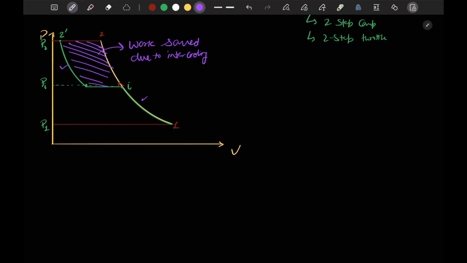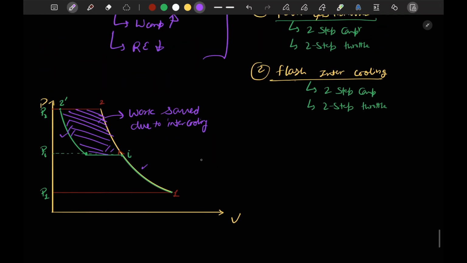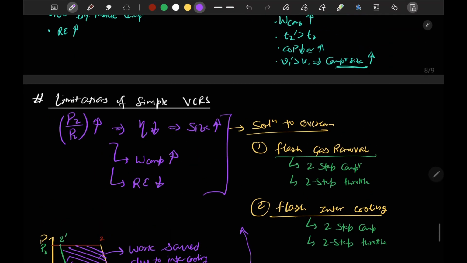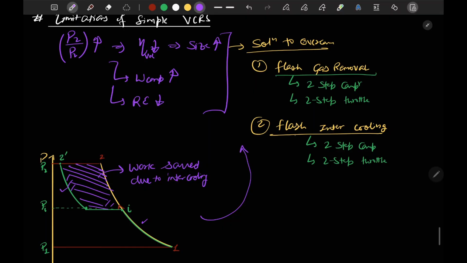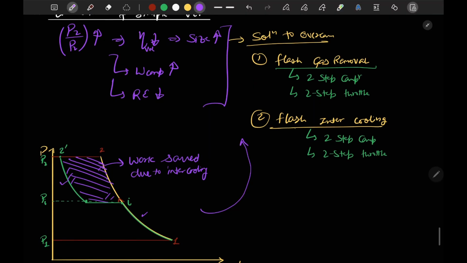Here what I'm trying to tell you is that if we do compression in two stages, the work input to both compressors combined will decrease. We have applied this condition here also, because I mentioned that in simple VCRS the limitation is that when the pressure ratio increases, the volumetric efficiency decreases, and the size of the compressor increases.